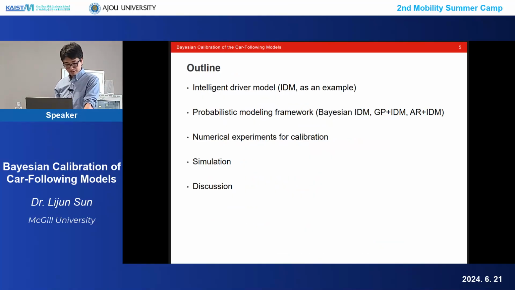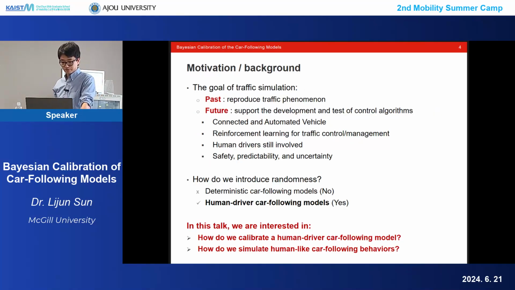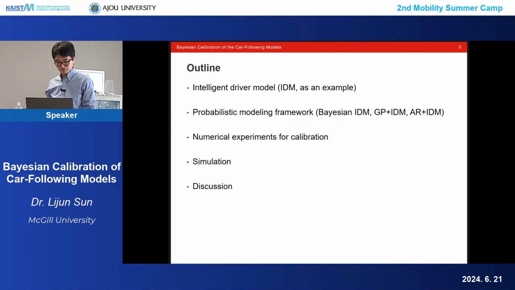So we are interested in two questions. One is how to calibrate a human driver car-following model, given that the model is fixed, and how do we calibrate the parameters of these models? The second question is, given a well-calibrated model, how do we perform human-like car-following simulations, or behavior extrapolations? This is the motivation behind the talk today.